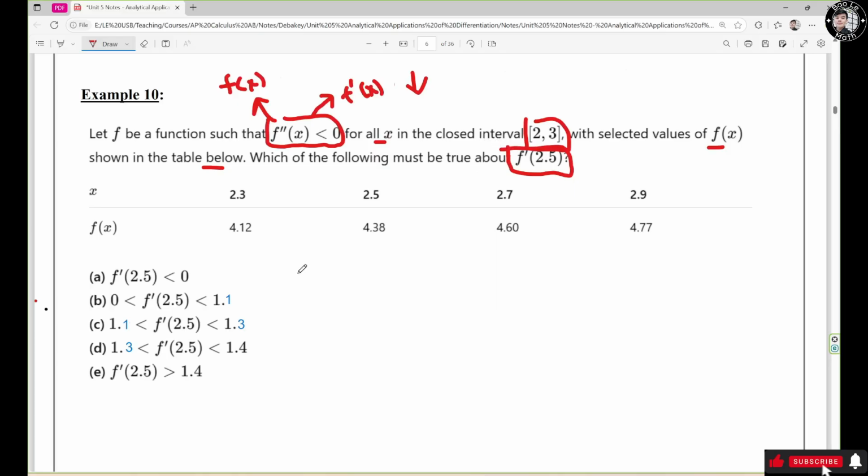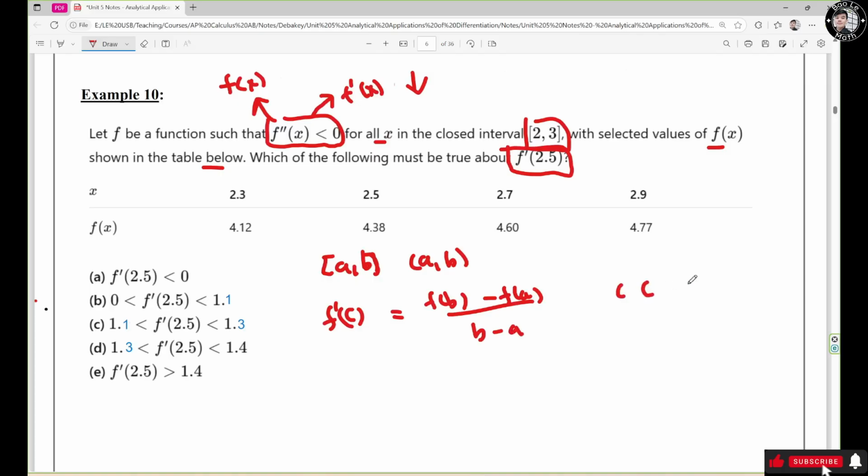So the mean value theorem says if the function f(s) is continuous on the closed interval a to b and differentiable on the open interval a to b, then you have f'(c) equals f(b) minus f(a) over b minus a, where c is inside the interval a to b, right? So I'm gonna pick this interval 2.3 to 2.5, right?